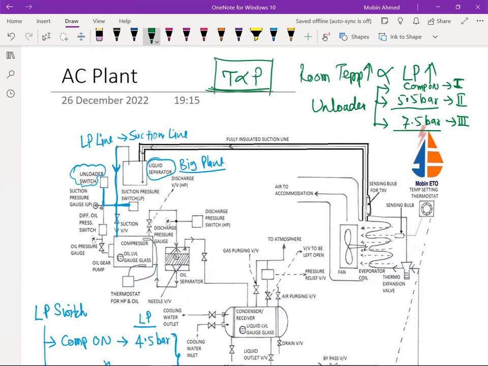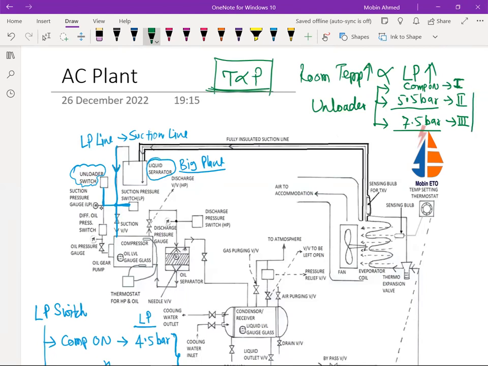This is the LP. That means if the temperature increases, the LP also increases, so this unloader is going to be on if the LP is 5.5 bar. If the room temperature increases further and it goes to 7.5 bar, the third stage also comes on.